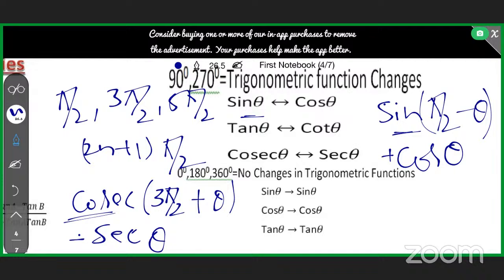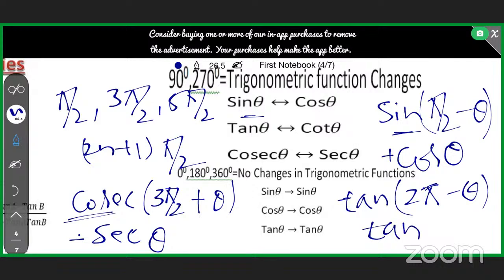We'll take one more example. Let us take tan of 2 pi minus theta. Here pi is coming. If my angle is 0, pi, 2 pi, 3 pi, any multiple of pi, my trigonometric function will not change. It will remain the same. So tan will remain as tan.